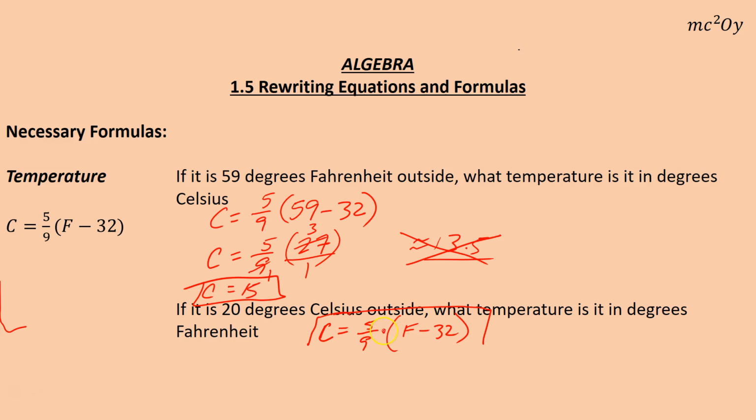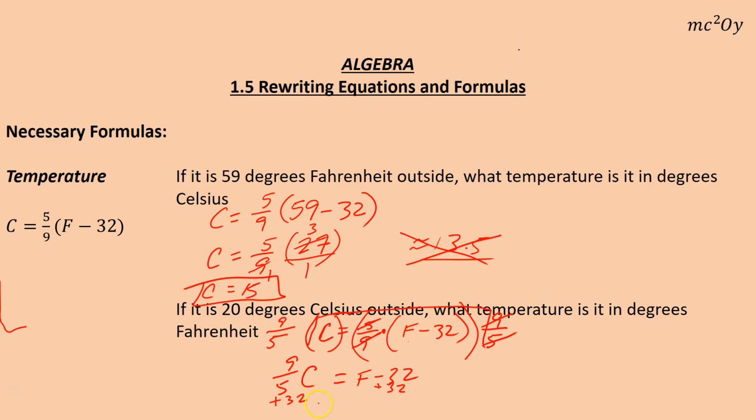Since I'm multiplying by 5/9, I could multiply both sides by the reciprocal. I think this is a bit more intense than we really need to get into, but it's an application of what we're learning. So 9/5 times C is equal to, well, 9/5, the reciprocal, cross cancels. And so now I'm left with F minus 32.